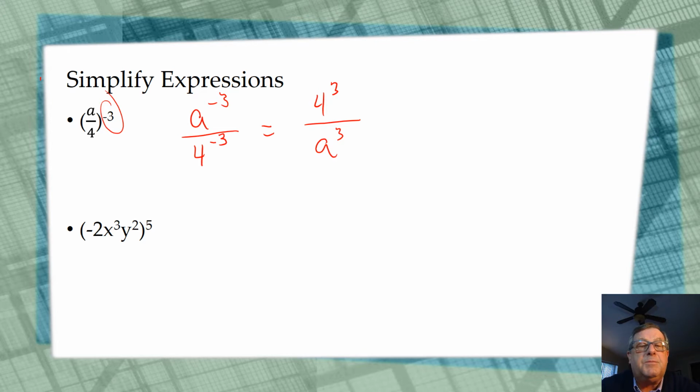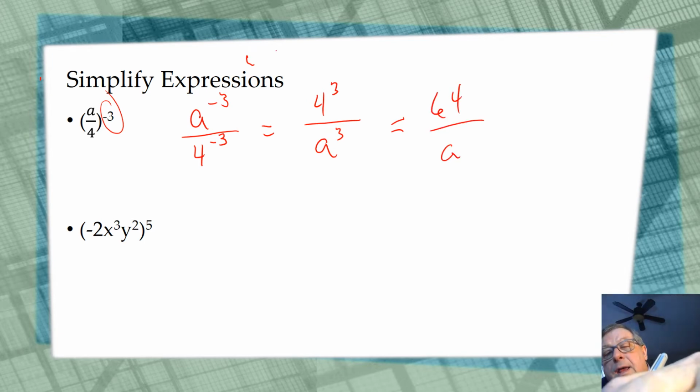That negative exponent is going to flip that relationship that we see here. So let's see. Well, we've got to take 4 to the 3rd power. Okay, 4 times 4 is 16. 16 times 4 is 64. And so this finishes off at 64a cubed. All right, that's not too bad.